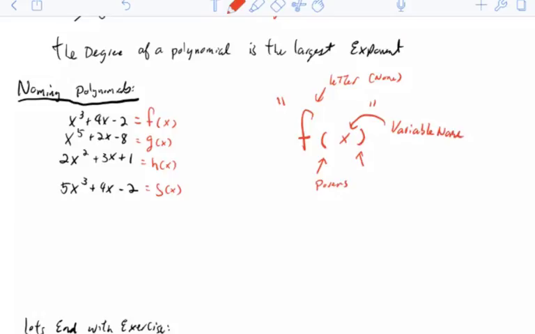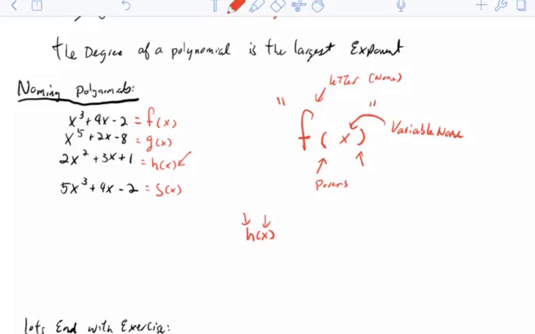In all these cases, it's x. And so when somebody describes a polynomial to you, they'll say, hey, polynomial h of x. You know a couple things about it. One, you know that it's h, so I guess they're talking about that one there. But another thing you know is what the variable is.